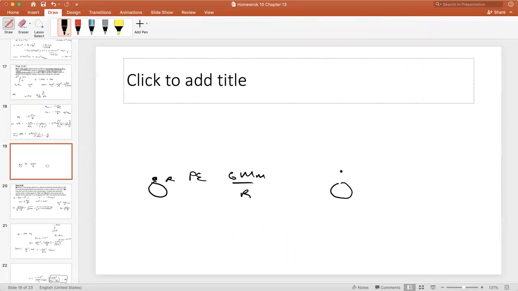And then I pull it away from there to a point where this is R plus H. And when I've done that, I've had to do work against gravity, and that work is F dot D, where D is R plus H, right? Minus R. So this H, so I have to do the force of gravity times H with a negative sign.